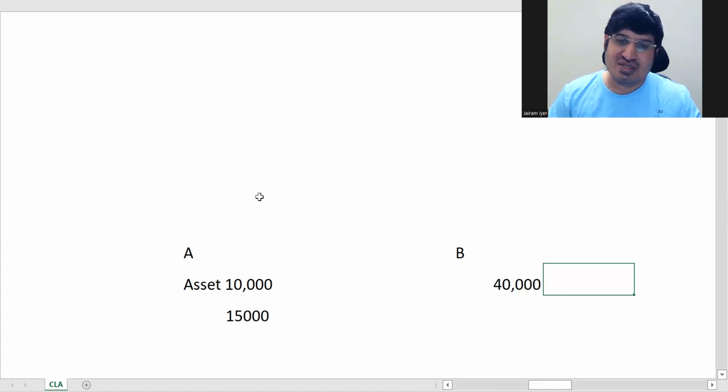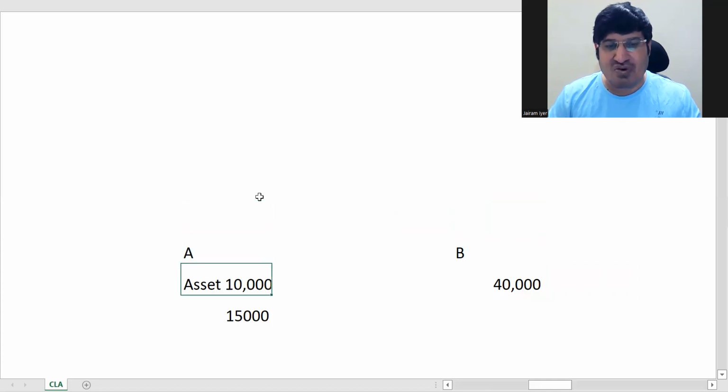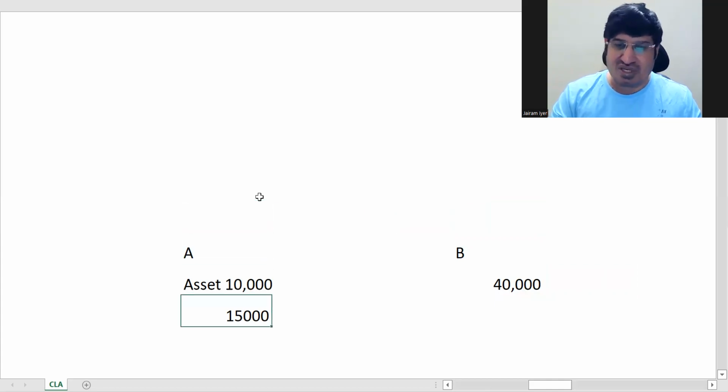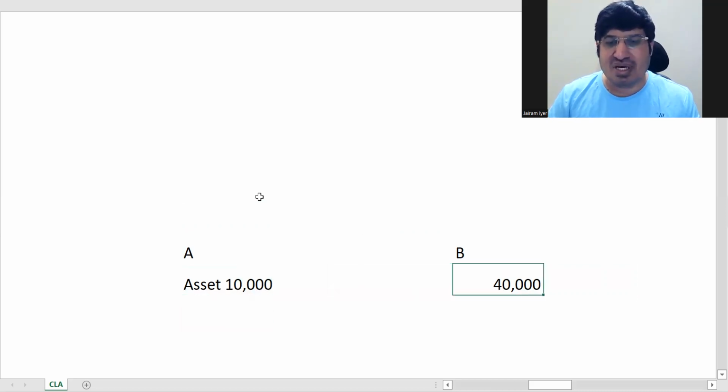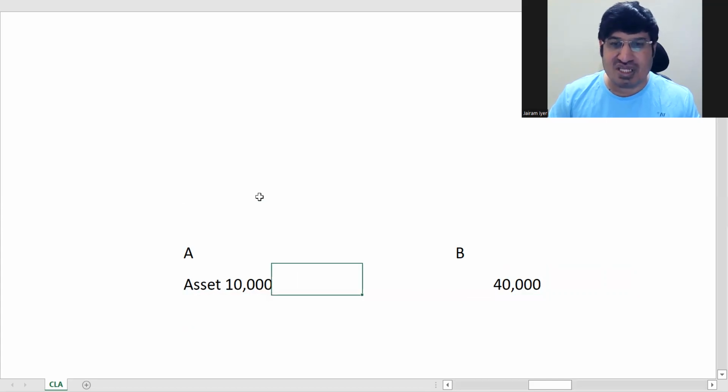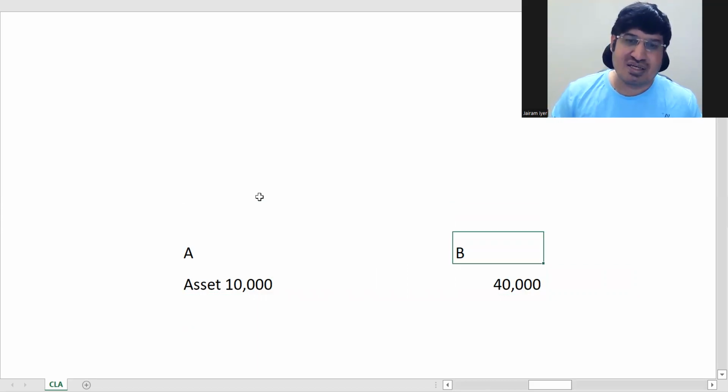Correct? So in this case, what should the assessing officer do? Whatever is the written down value of the asset in his books, that is 10,000, he should consider the same here. The asset was for 10,000. You are saying you bought for 40,000. We don't agree. We'll consider it as 10,000. Right?